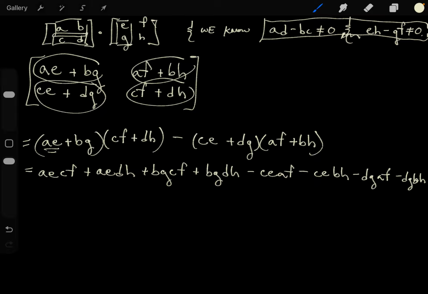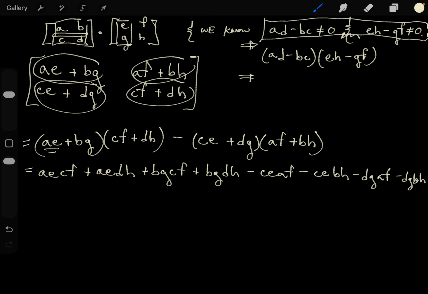That's how I'm going to get the fact. If they're both non-zero, then the multiplication of them must be non-zero. These are now just integers or real numbers. Let's take it over the reals.